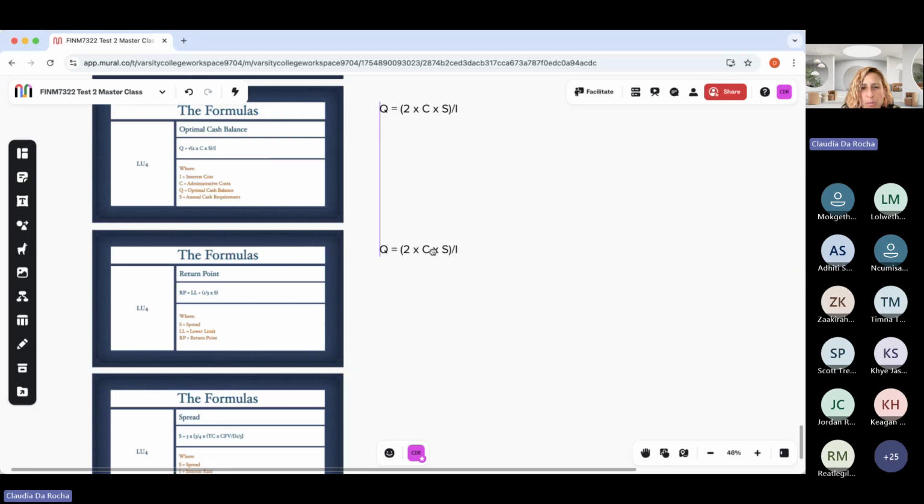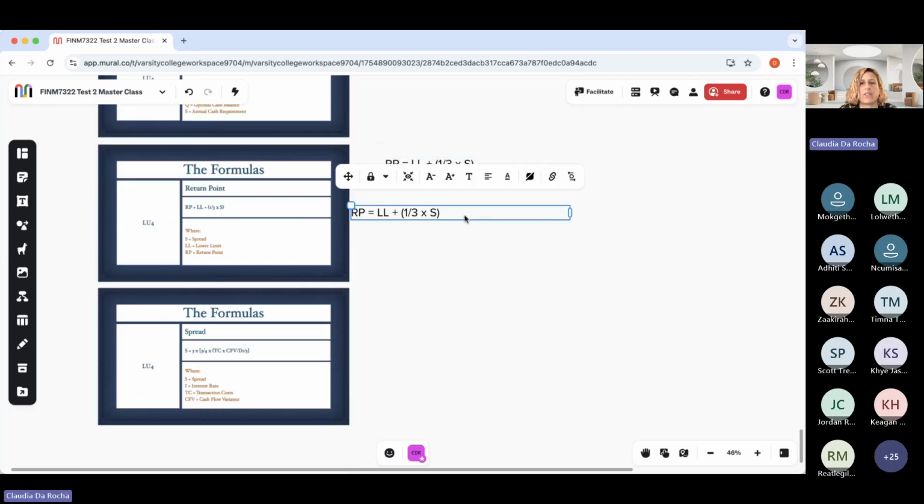I haven't particularly seen any in past papers. I will take a look again and see if I can find anything, but there isn't really, so you've got to rely on your textbook. And the last formula with the spread.